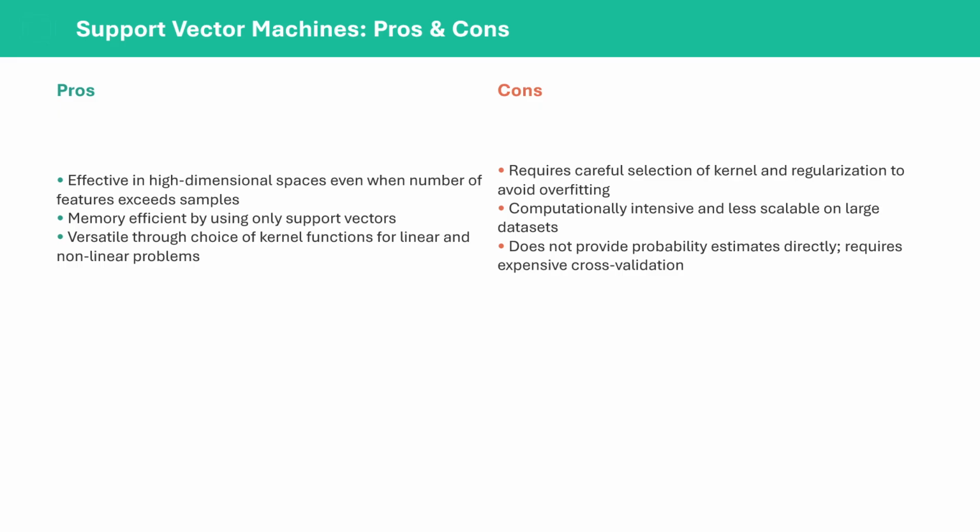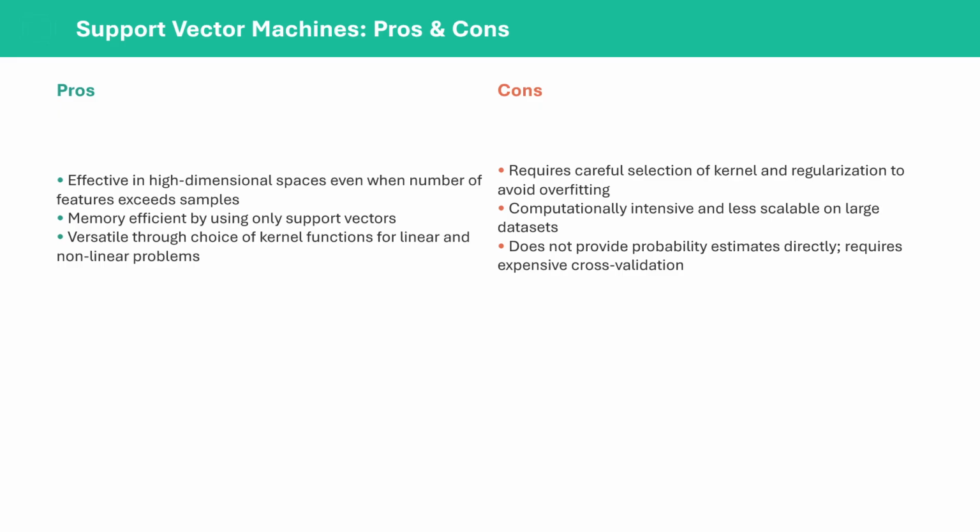Now, what are the trade-offs? Well, support vector machine requires careful selection of hyperparameters. For instance, the regularization parameter C, the kernel parameters like gamma. If you choose poorly, you may overfit. Second, it can be computationally intensive, especially for very large datasets.